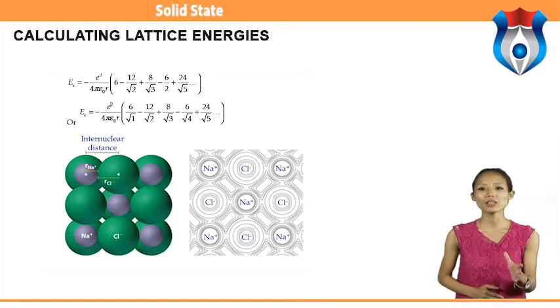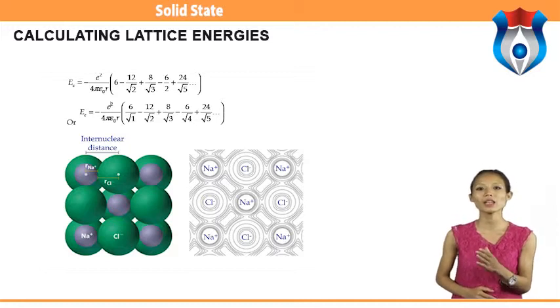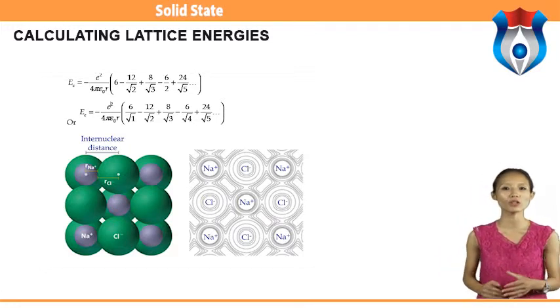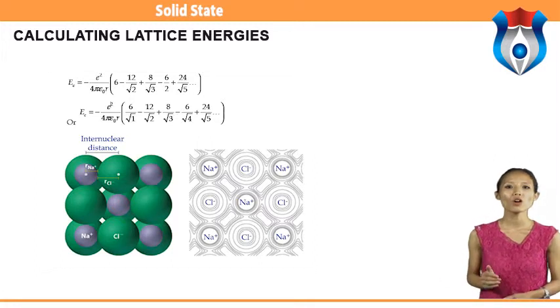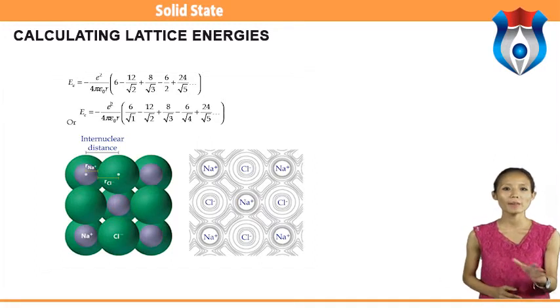Figure depicts some of these interactions for the NaCl structure. The Na+ ion in the center is immediately surrounded by 6 Cl- ions at a distance of r, then by 12 cations at a distance of √2 r, then by 8 anions at √3 r, followed by a further 6 cations at 2r, and so on.